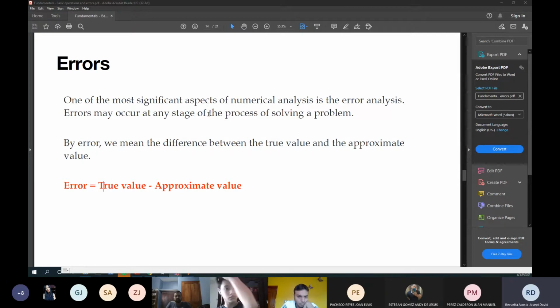Errors may occur at any stage of the process of solving a problem. And of course, by error, we mean the difference between the true value and the approximated value, okay? So if we want to picture this as an equation, error is equal to true value minus the approximate value.